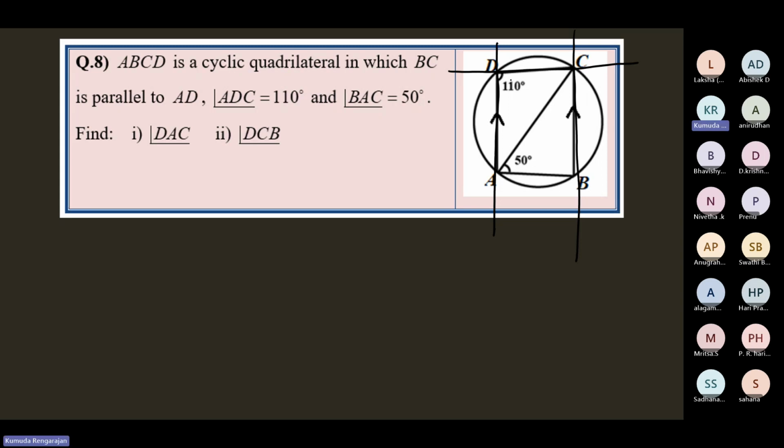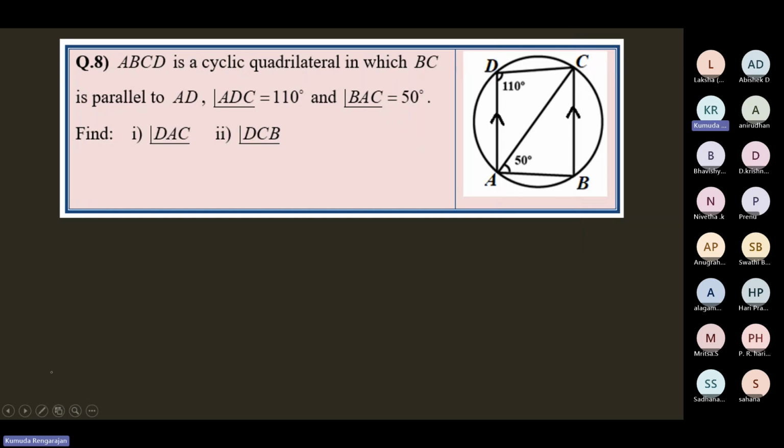Co-interior angles are supplementary. So this is 110, no? So this angle will be 70. This full angle is 70. This angle plus this angle is equal to 180. This angle plus this angle is also 180. Co-interior angles are supplementary.